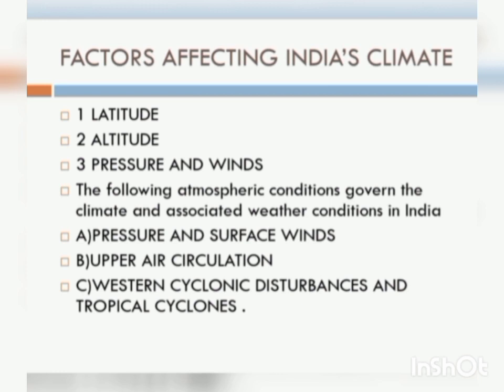Upper air circulation. The upper air circulation of the Indian subcontinent is dominated by westerly flow, which is governed by jet streams. Due to their location over 27 to 30 degrees north latitude, these jet streams are known as subtropical westerly jet streams. They blow south of the Himalayas throughout the year except in summer.